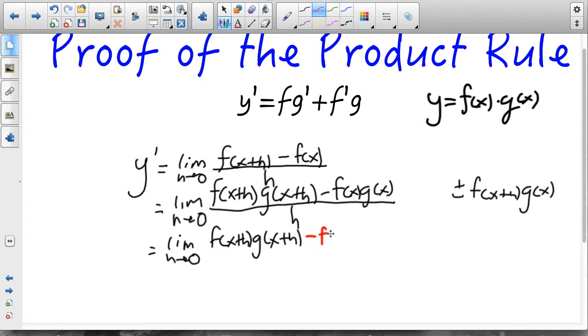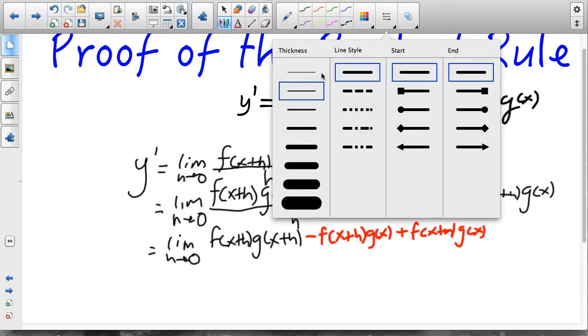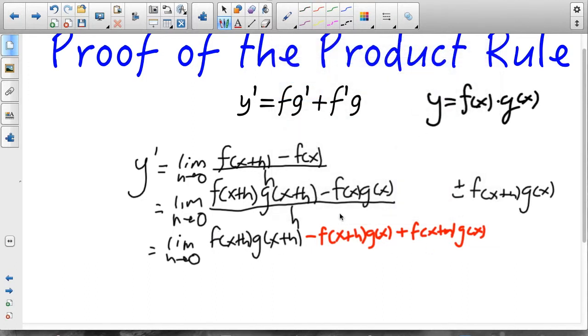I'm going to subtract it first: f of x plus h times g of x. And then I'm going to add it: f of x plus h times g of x. Just right there. And then I'm just going to throw back this guy right here to the end part. So minus f of x times g of x, just like that, all over h.